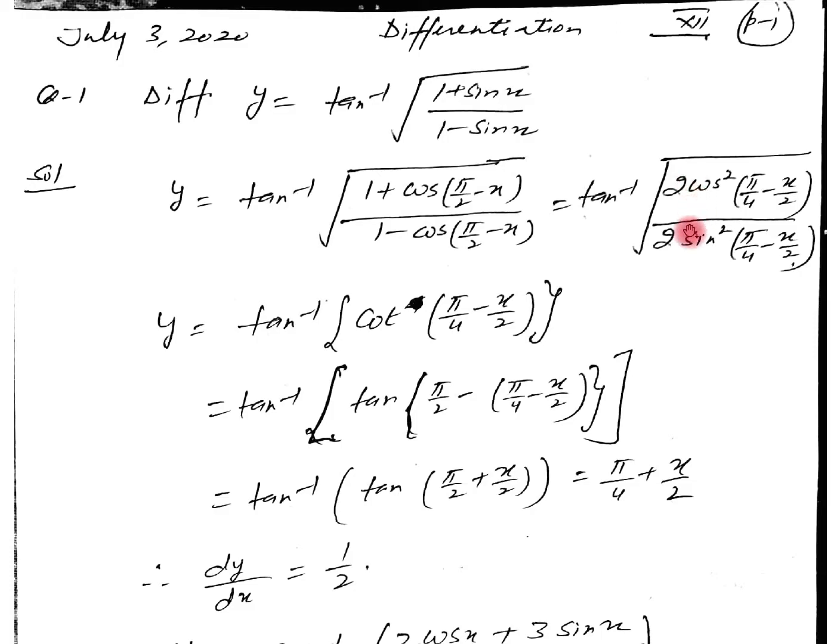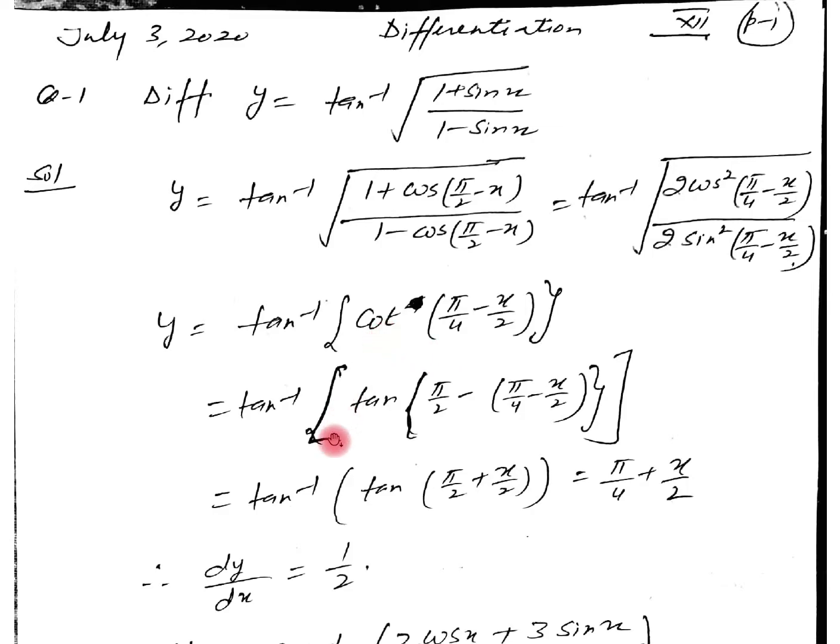So it becomes 2 sin square (pi by 4 minus x by 2). Now simplifying it, and by taking the square root, we get cos by sin, which is cot. So it can be written as tan inverse cot(pi by 4 minus x by 2). Now we want to have the same angle here and there. So we can easily convert cot into tan by using cot theta equal to tan(90 minus theta).